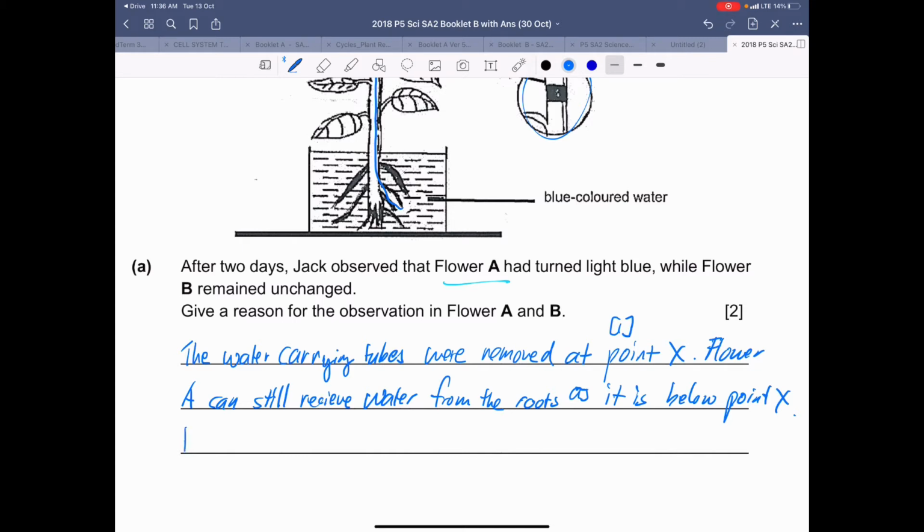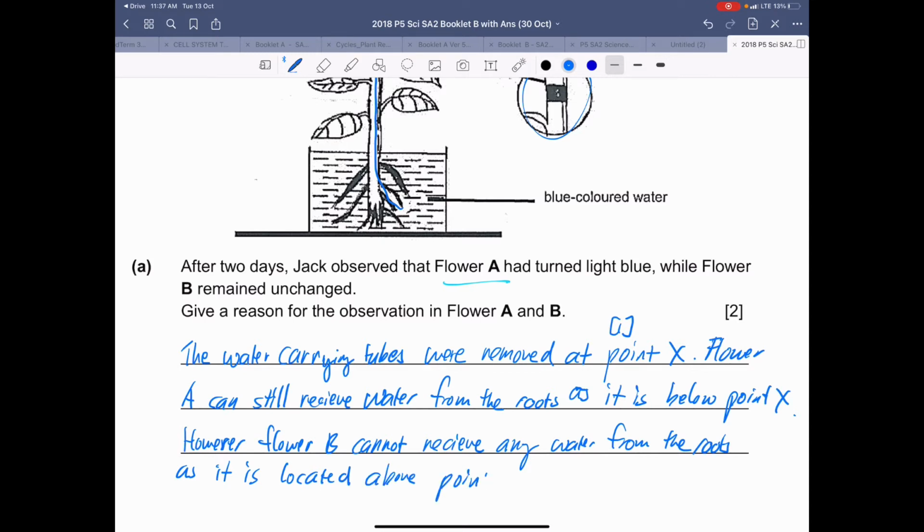However, flower B is not able to reach or cannot receive any water from the roots as it is located above point X. Because it's above point X, you told me that at point X the water carrying tubes are already cut and removed.